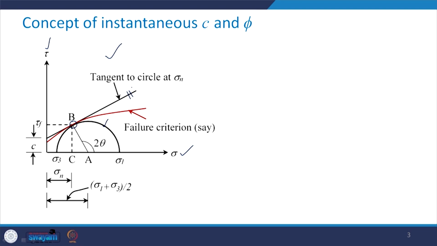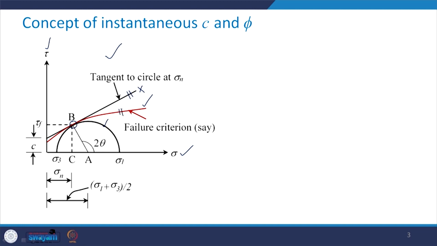But when I conduct a few more tests at different values of sigma 3, I see that the actual failure criterion is not this linear one, but this one represented by the red curve here.